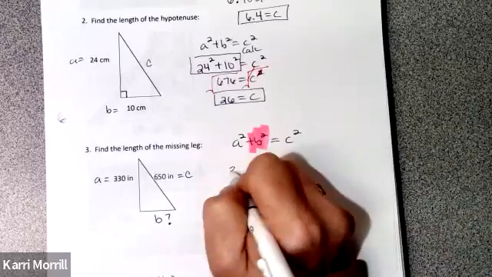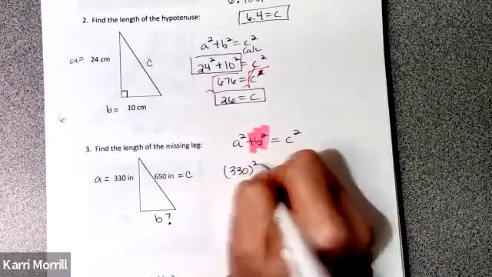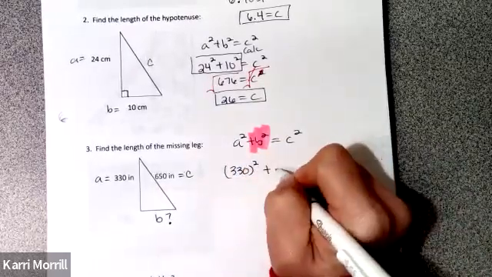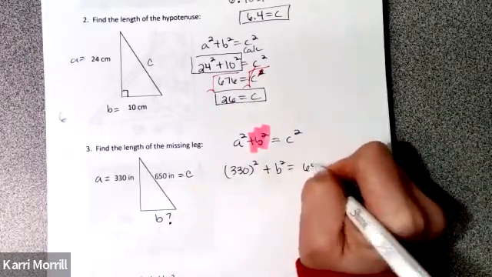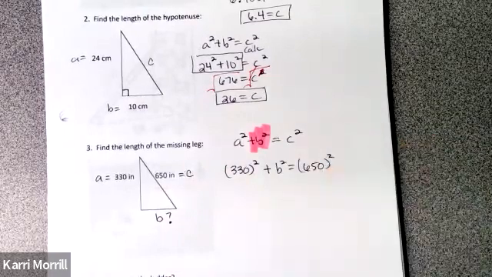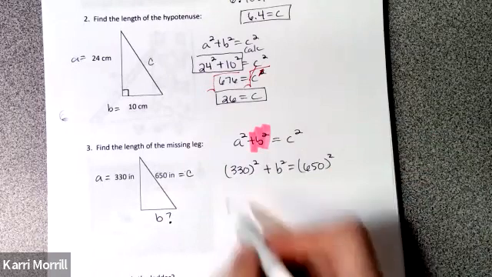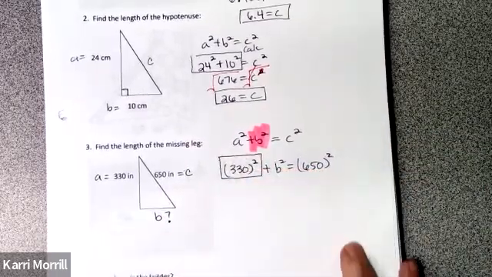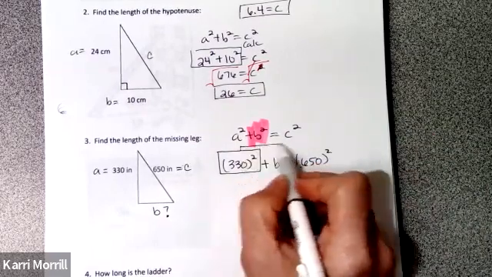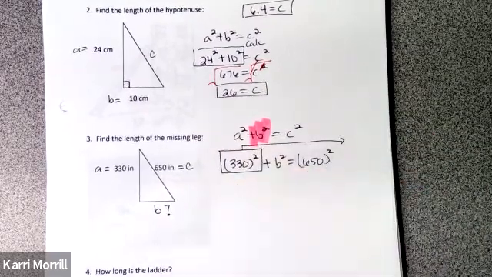So I'm taking 330 and I have to square it, plus B squared equals my C squared, which is 650, and I square it. If you don't like squaring it, because these are going to be big numbers, we could take this whole thing, at least this is the way I like to do it. How would I move that over to that side? Does anybody know? Subtract it.